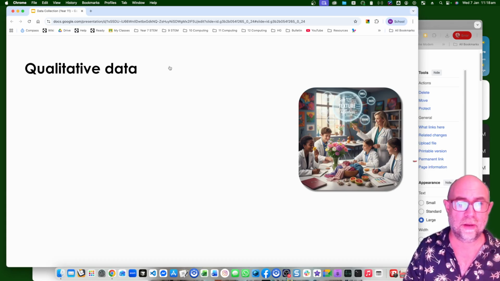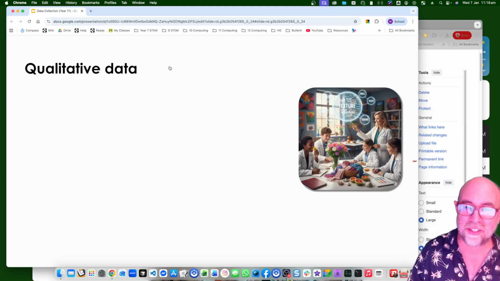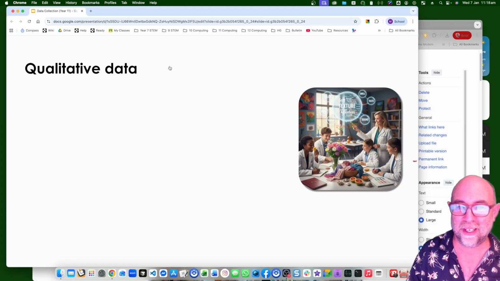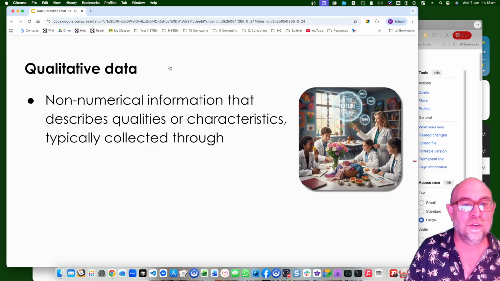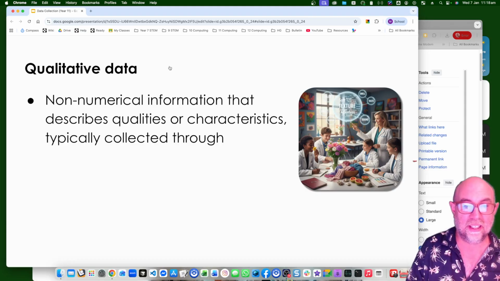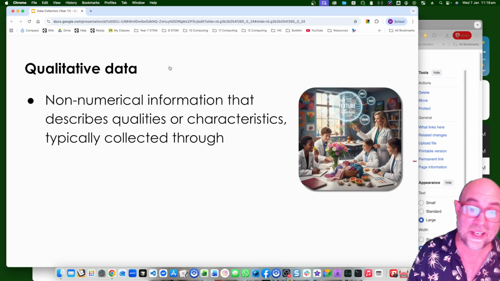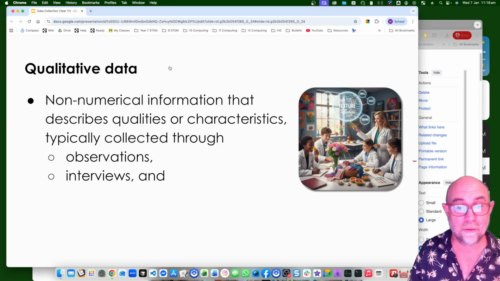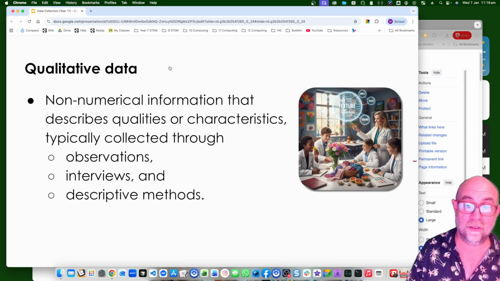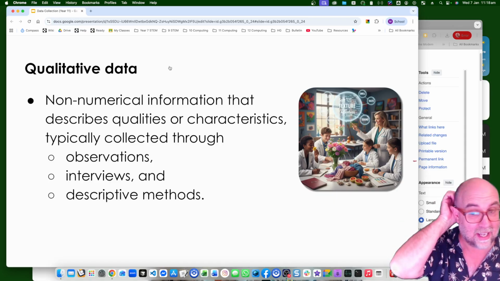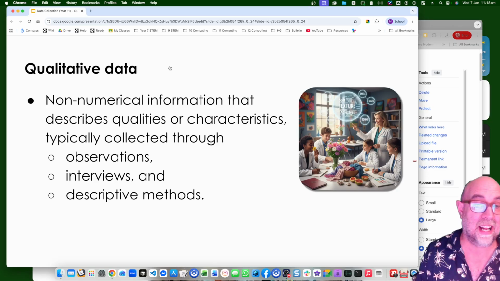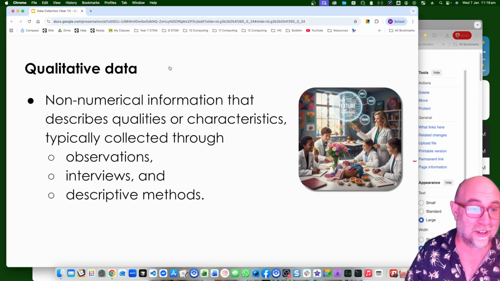Let's move on to what we mean by qualitative data. I always stumble a bit on that. There's too much going on in the middle of the word. That is non-numerical information that describes the qualities or characteristics, and we're typically collecting it through observations, interviews, or descriptive methods. So when you sit down and say, well, what's the best thing that happened to you today? Or, how have you been?